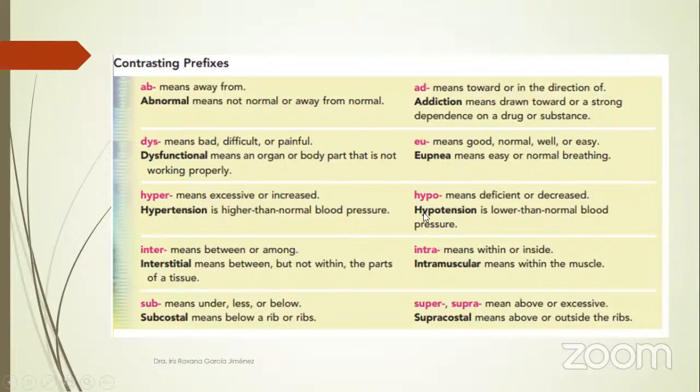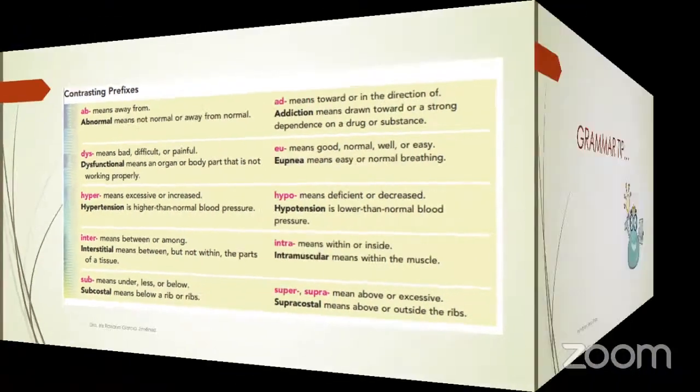Hyper and hypo, easy to catch. Inter and intra, sub and super and supra. Please read all of this information. Check the vocabulary we are catching on these slides because it's important to get this way of expressions.